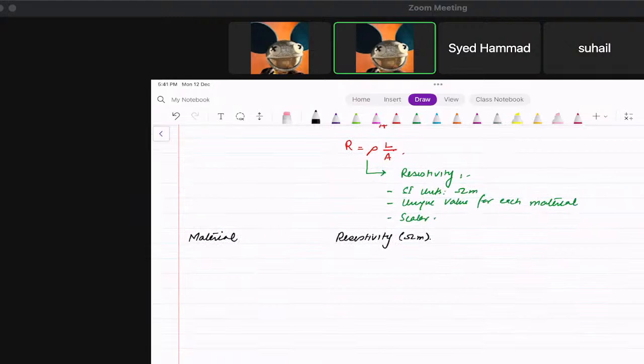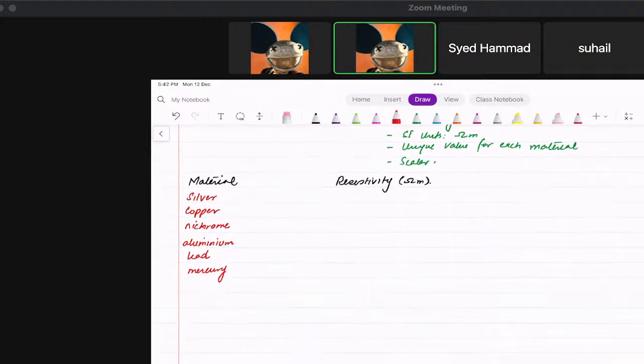So we're going to talk about silver, copper, nichrome, aluminum, lead, mercury, graphite, germanium, silicon, glass, and quartz.